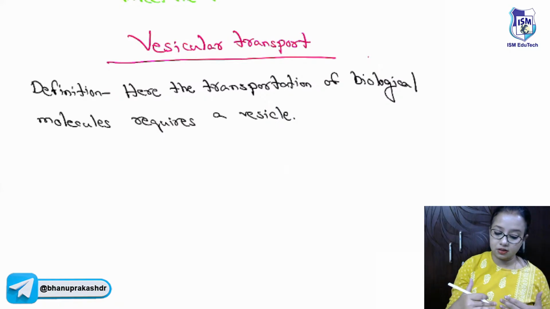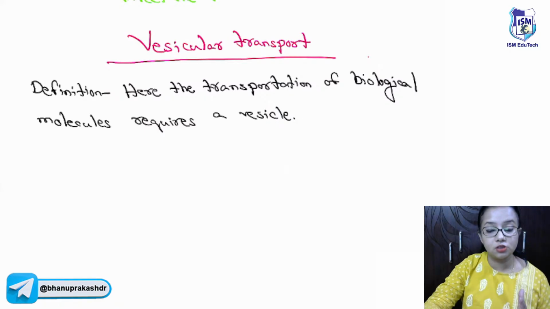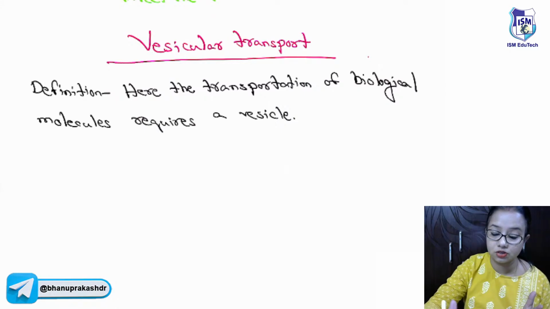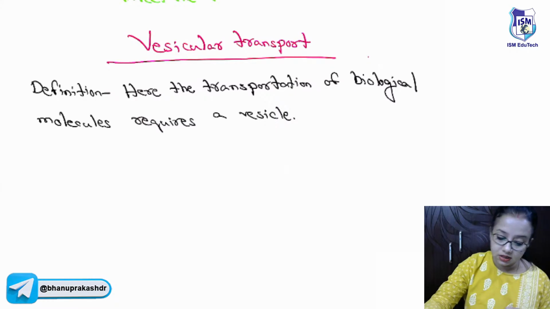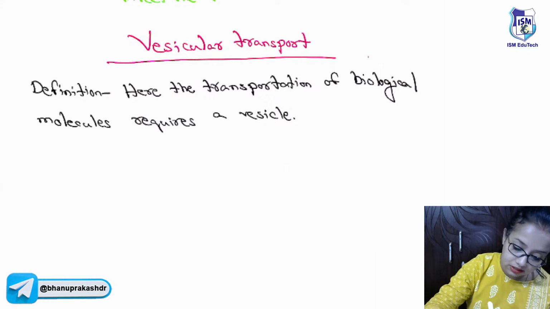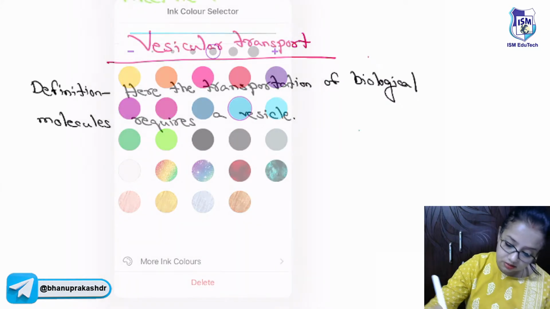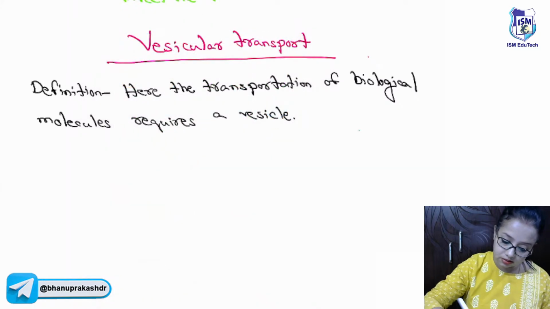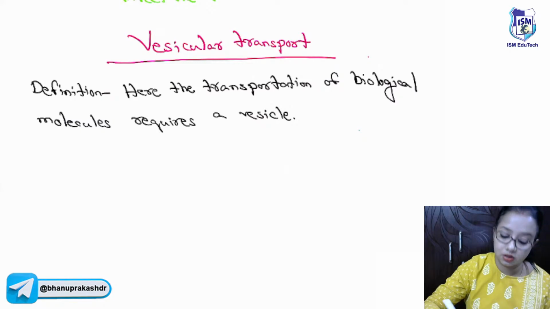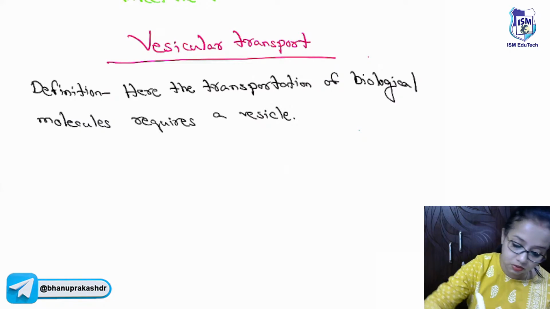Like, it's not that as soon as the biological molecules are synthesized or manufactured, immediately they are released. They will be transported via the vesicle. Now, here there are three types of this vesicular transport.